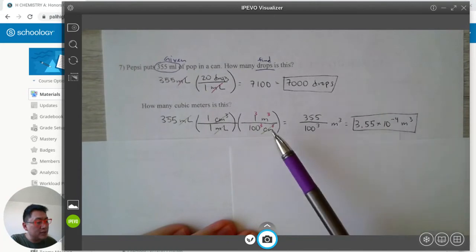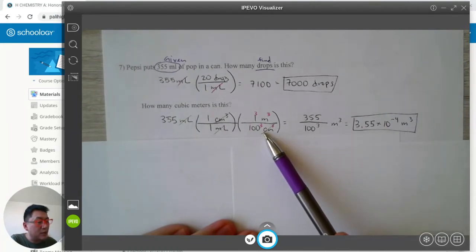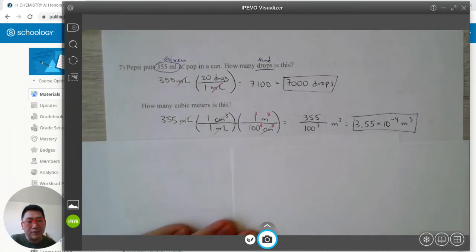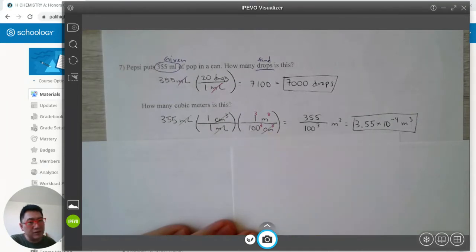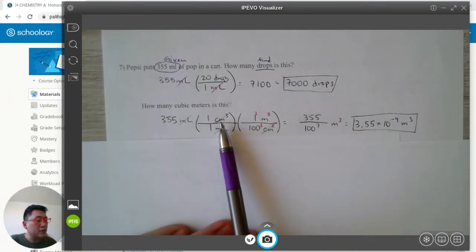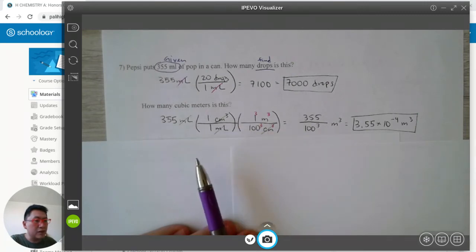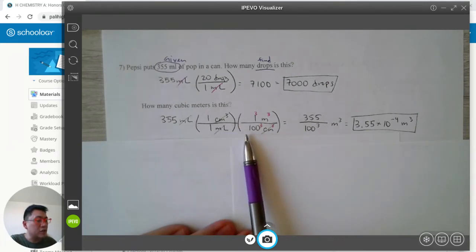What I do know is 100 centimeters is equal to 1 meter. That is because of the prefix centi, meaning 100th; there are 100 centimeters in a meter. Well, you probably knew that anyways. The problem is this was cubic centimeters, and I'm trying to find cubic meters. So whenever you go from regular centimeters to cubic centimeters, you have to cube everything.